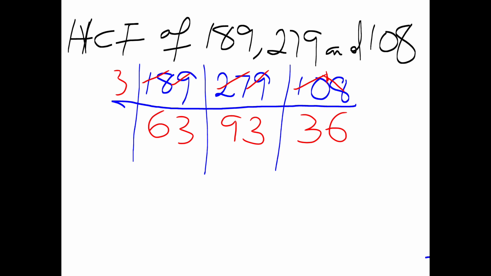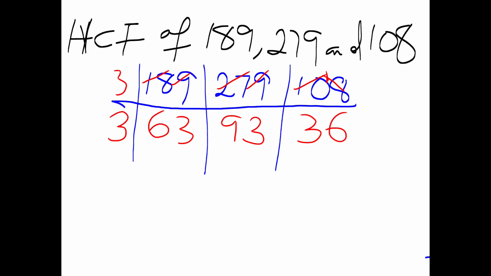So now let's look at the 3 numbers. Which number will divide 63, 93, and 36 at the same time without remainder? Good. 3 will divide them once again, right? So we go again. We have our 3 on our division space.